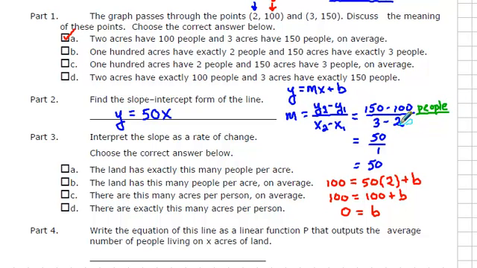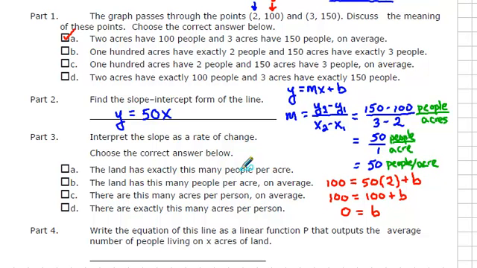Well, 3 and 2 represented numbers of acres, so we're dividing people by acres. So as we come down, we have 50 people per 1 acre. And then finally 50 people per acre. So the way that we would interpret the slope as a rate of change is that there are 50 people per acre on average.